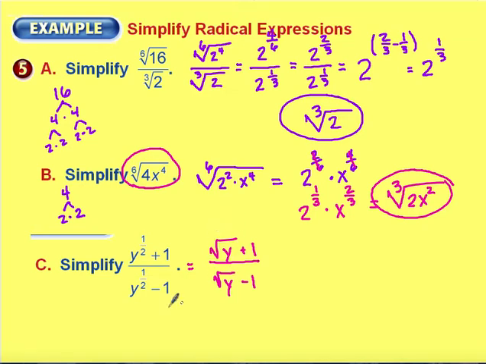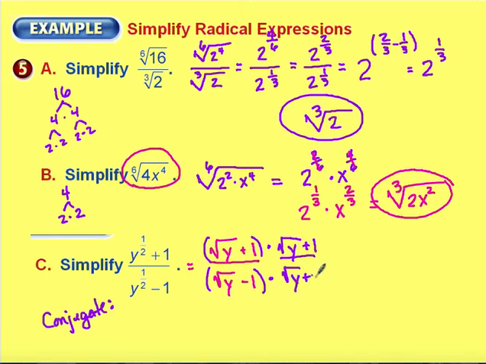So from here, I'm going to go ahead and conjugate this. Now, if you want to conjugate in rational form, you are welcome to do that. I'm going to go ahead and conjugate in radical form. So my denominator is the square root of y minus 1. So I'm going to make that the square root of y plus 1 on the top and the bottom.